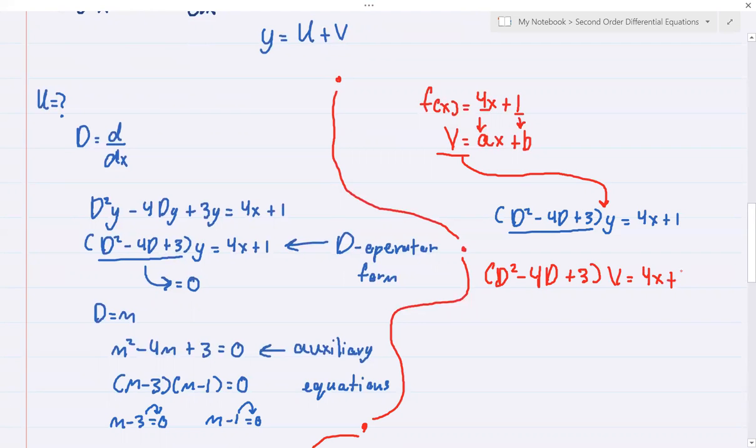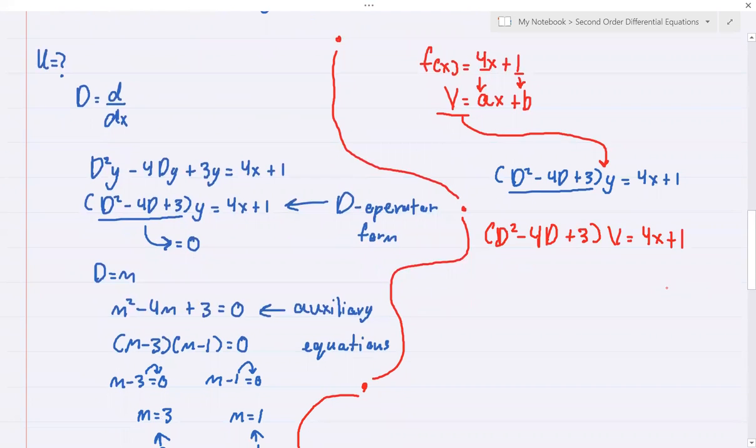Then you can simply distribute v to this expression. So you will have d squared of v. Oh wait, no, it's actually wrong. I forgot.